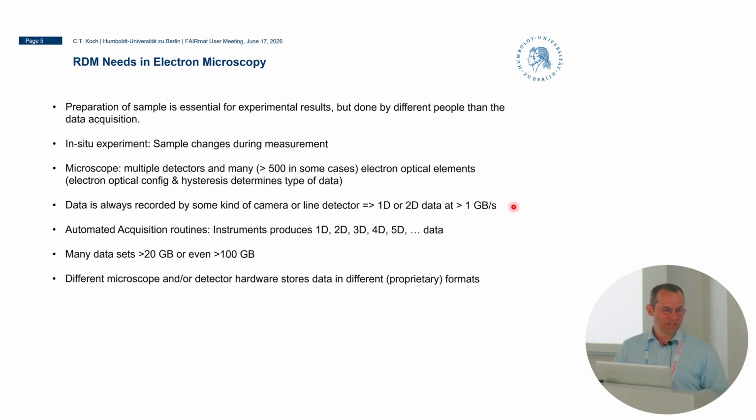So a data set can be 20 or more than 100 gigabytes at a time. This is really something that you don't want to ship between computers all the time. So that's why we're very happy about the capability of our NOMAD Oasis to do online data processing, and the NOMAD Remote Tools Hub that NOMAD provides is for us extremely useful.